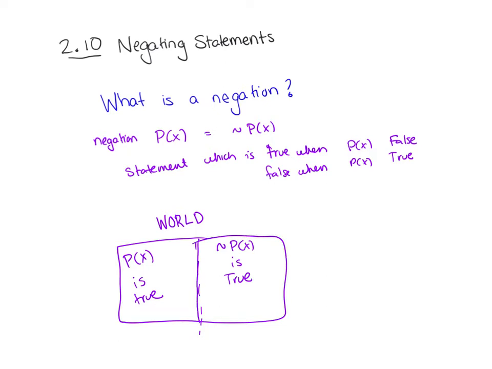So my Venn diagram for this would be two circles that didn't overlap at all and that took up the whole universe. So if we consider a universal set, for all x, either P of X is true or the negation of P of X is true. So they're exactly opposite of each other in terms of those truth values.